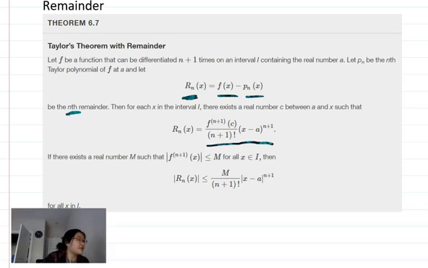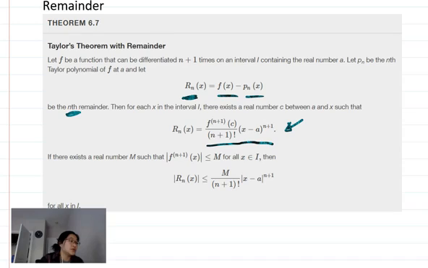So we're looking at the nth remainder, and we're looking at the n plus 1th term of our Taylor polynomial. That means that we take one more derivative, we divide by n plus 1 factorial, and we multiply by x minus a to the n plus 1 power. So wherever we stopped, we go one more term, and that is going to be our bound for what our remainder can be.